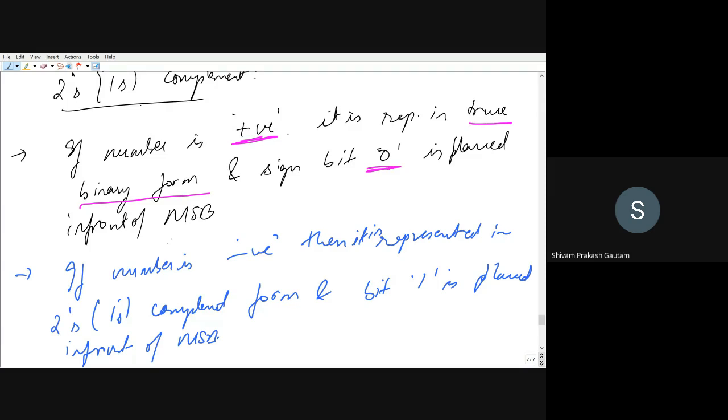If the number is negative, then it is represented in 2's or 1's complement form. We will see how we can calculate 2's complement and 1's complement, and you place 1 in front of the MSB.